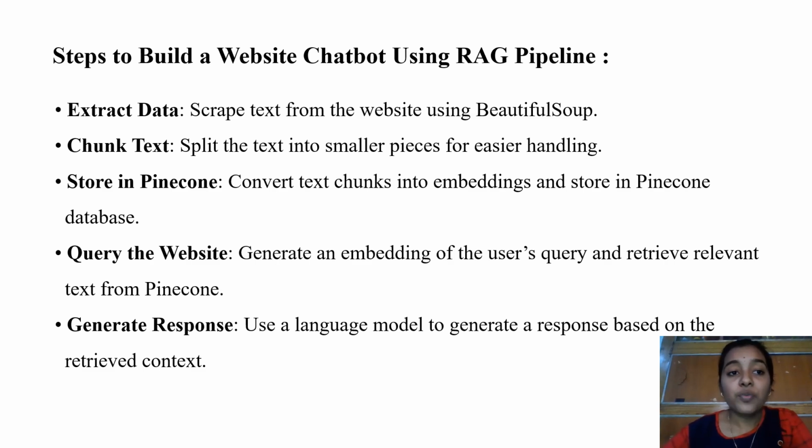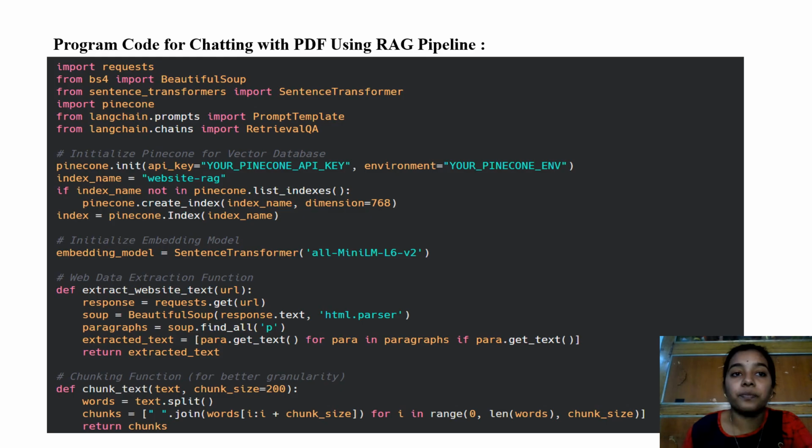Finally, a language model generates a response based on the retrieved context, allowing the user to receive accurate answers from the website data. This approach combines retrieval based techniques with generative models for a smooth experience.